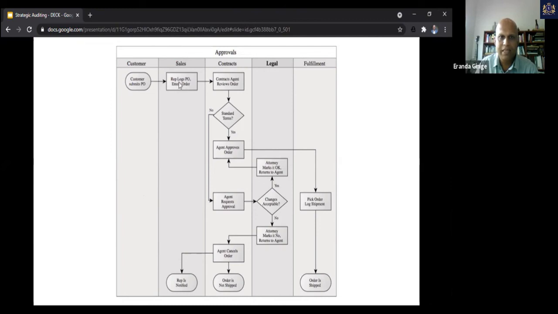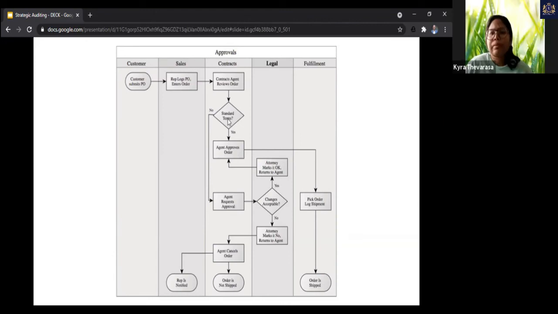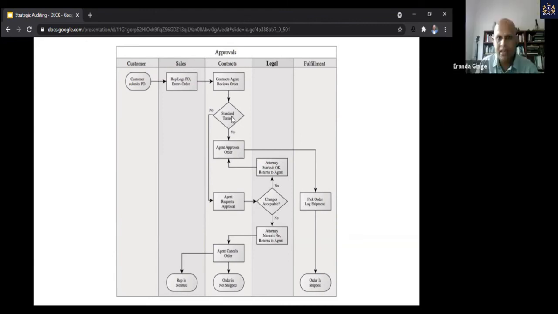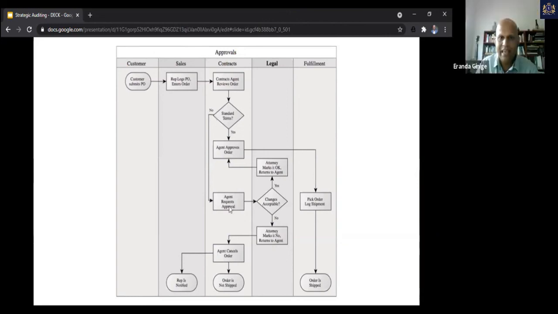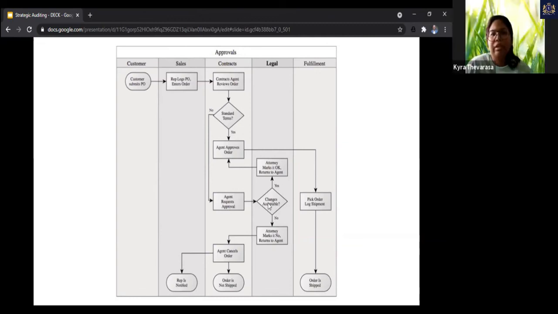The sales representative logs in the purchase order and enters the order into the system, right? And then the contracts agent reviews the order. If the standard terms are met, if it is yes, then the agent approves the order. If the standards are not met, if no, then the agent requests approval. Okay, right? Because from a higher authority, right?